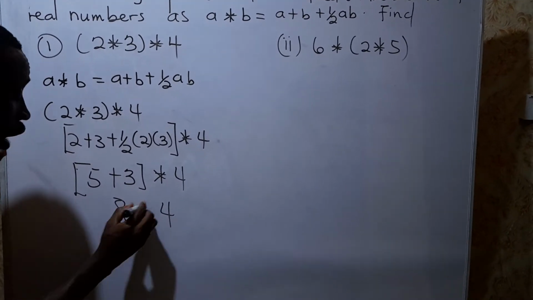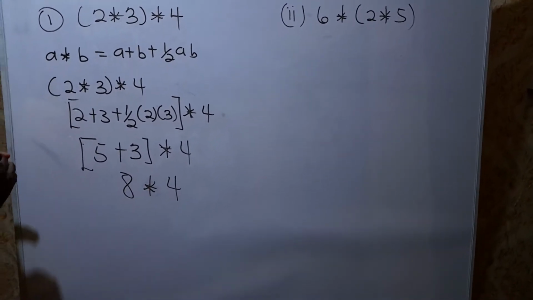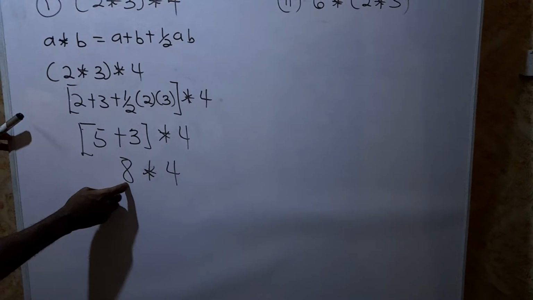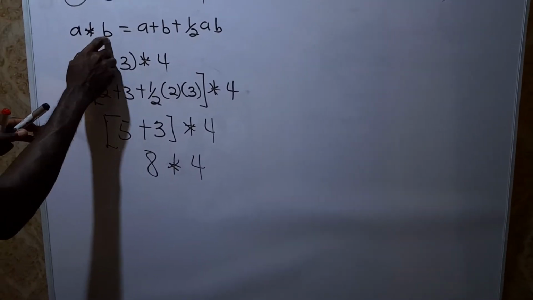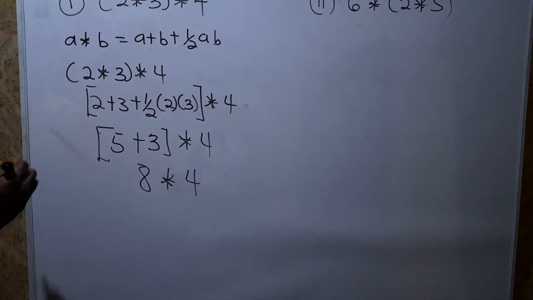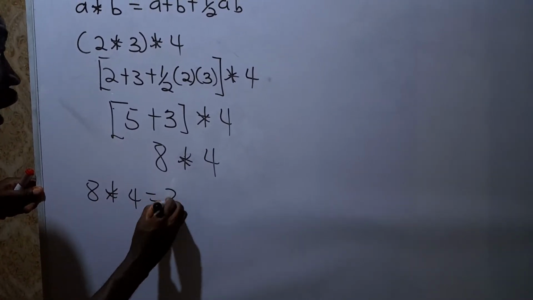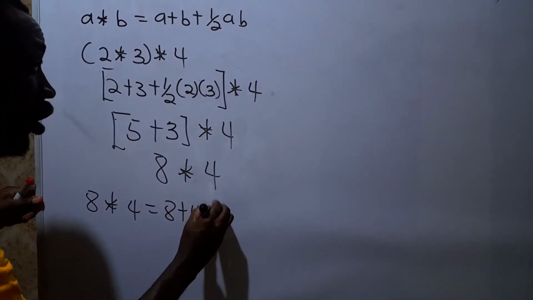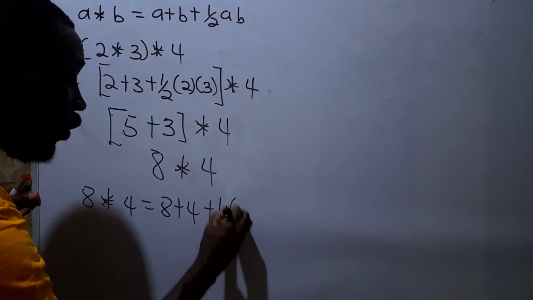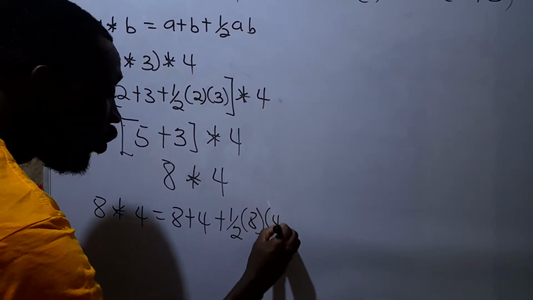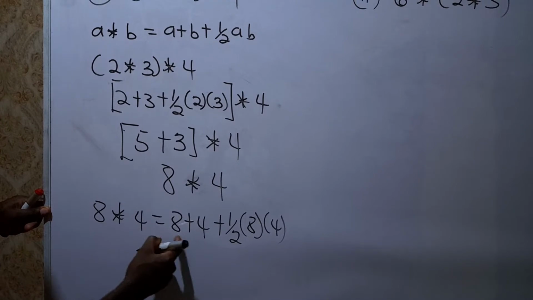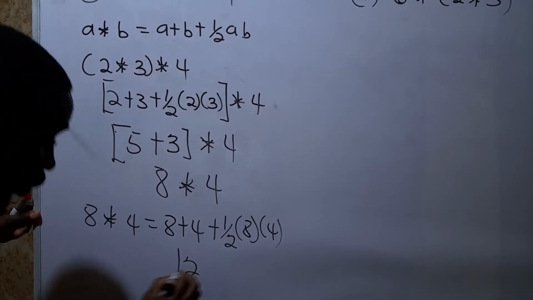So the 8 star 4 simply means that any place we see A now, we substitute the 8. Any place we see B, we substitute 4. So our 8 star 4 will be equal to 8 plus 4 plus half times 8 times 4. 8 plus 4 is 12.